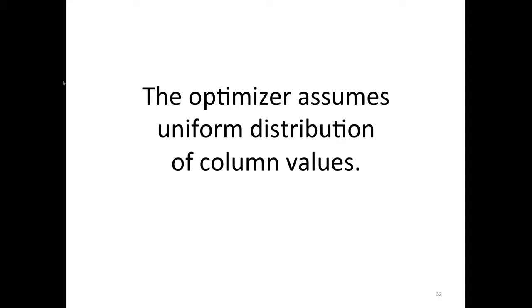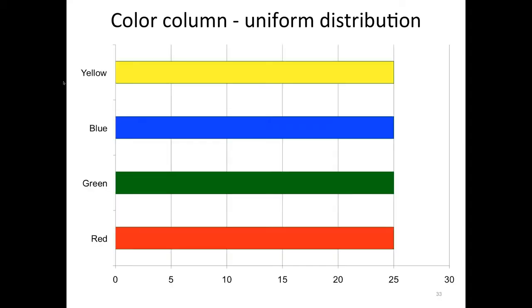What that means is that if you were to have a column color and the table had 100 rows in it, by default the optimizer is going to assume that if there are 4 colors present, each color would be uniformly distributed among the rows. So there would be 25 yellows, 25 blues, 25 greens, 25 reds. That is the assumption being made.